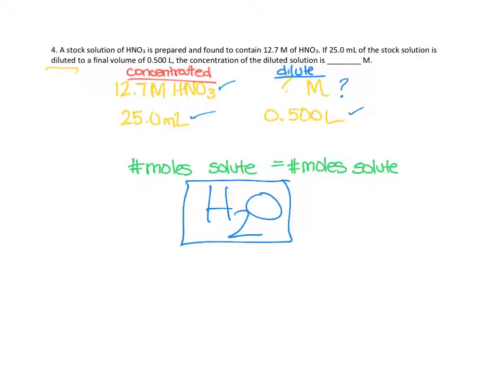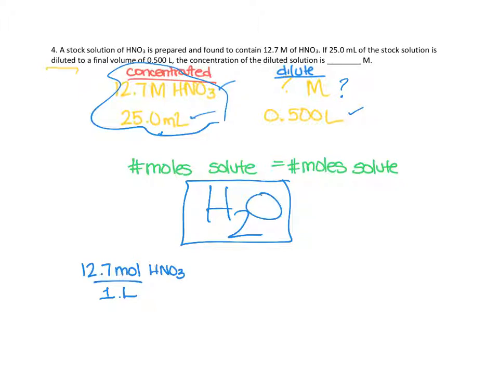Okay, so how do I get to moles of solute from this bit of information here? Well, keep in mind what molarity means. 12.7 molar means 12.7 moles of my solute, HNO3, per 1 liter of solution. So if I had 1 liter of this stuff, I would have 12.7 moles.